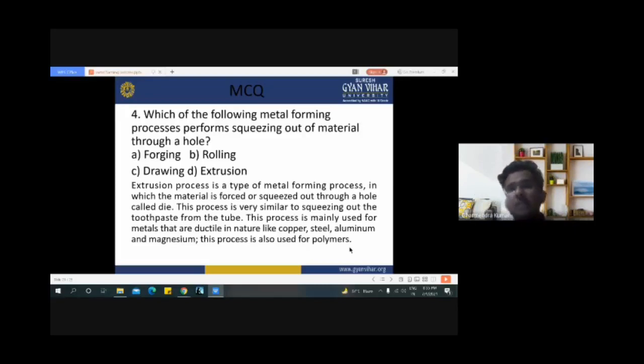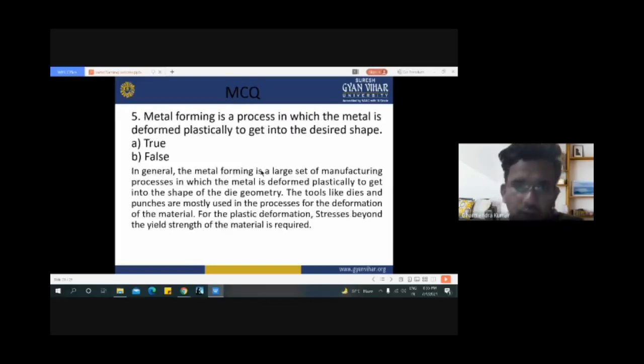On the other hand, in the forging process, we use hammering or mechanical force or hydraulic force. In the rolling process, we use rolls, and in the drawing process, apart from squeezing, we are pulling out the wire and tubes. Then our option is the extrusion process. We are going with the extrusion process.